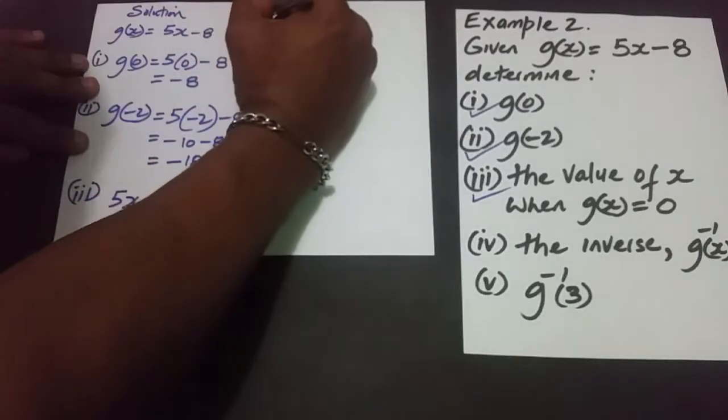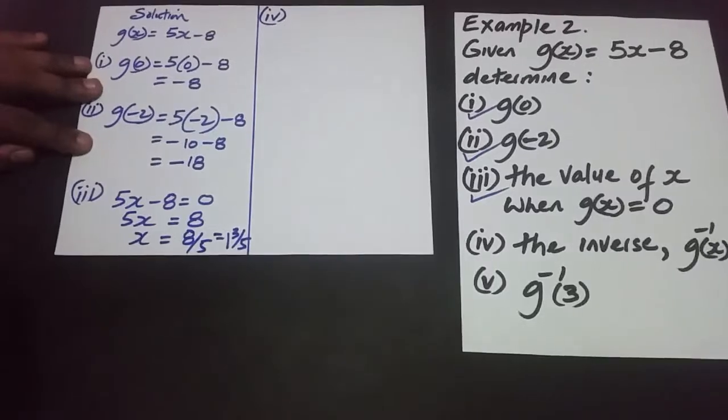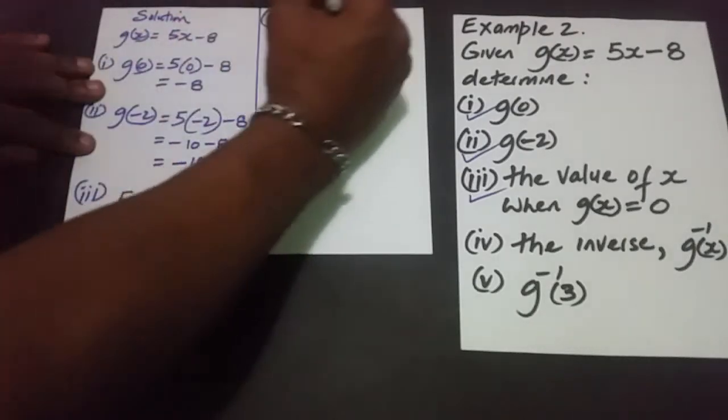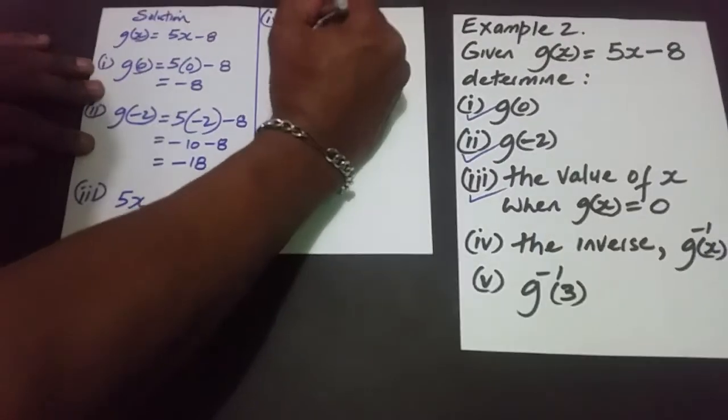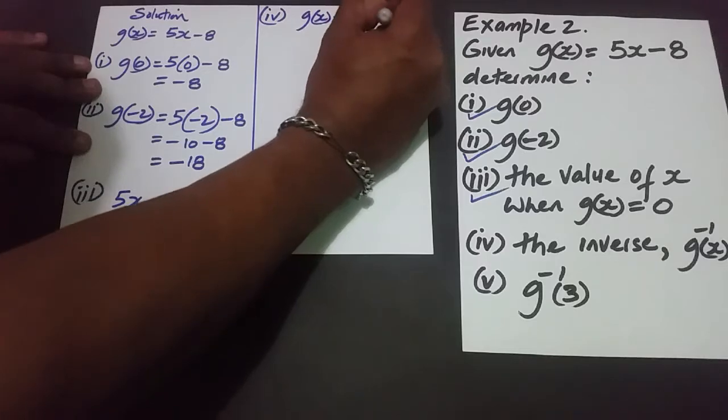Now for part 4, we're asked to determine the inverse, which is denoted, as we said before, with a minus 1 superscripted and g of x underneath. So we're going to get into that. So again, the original function is g of x, which is equal to 5x minus 8.